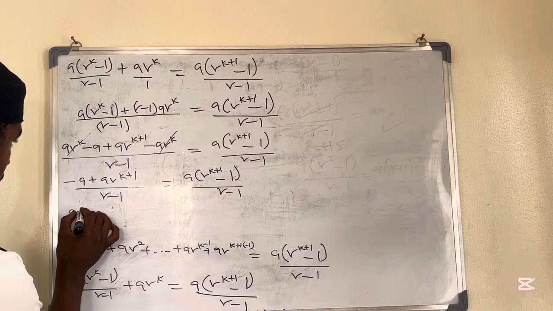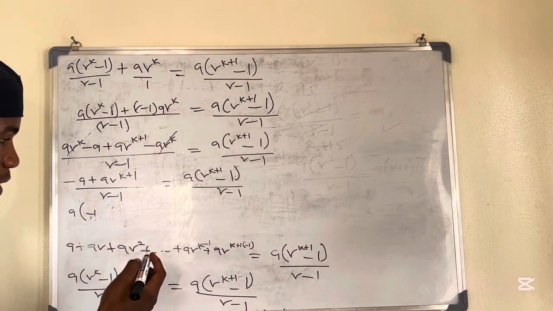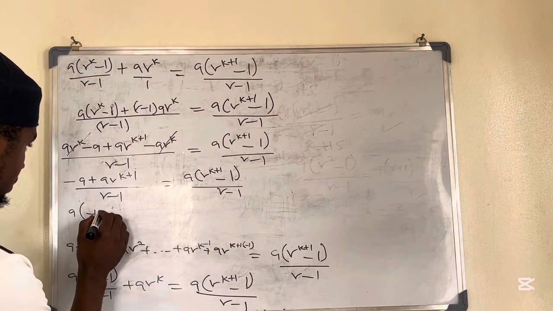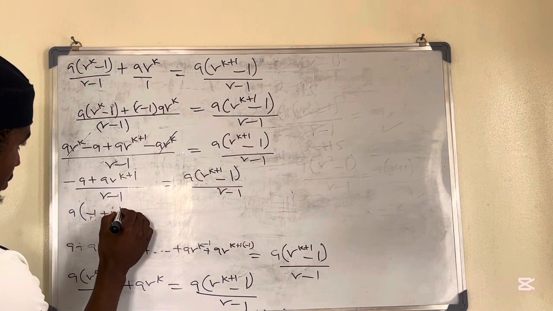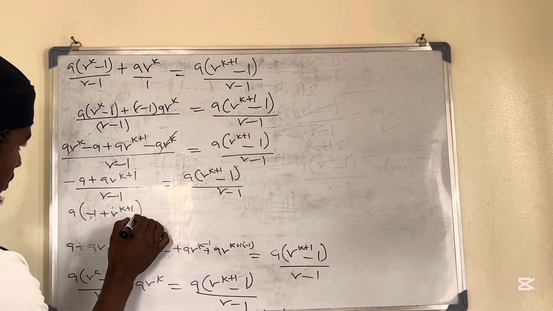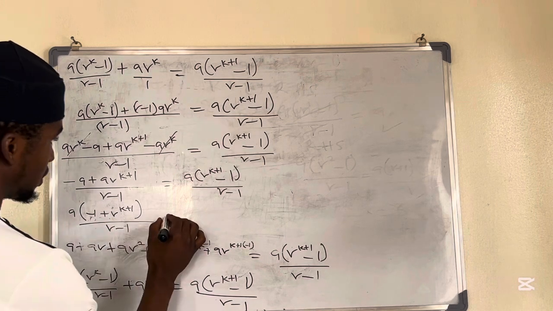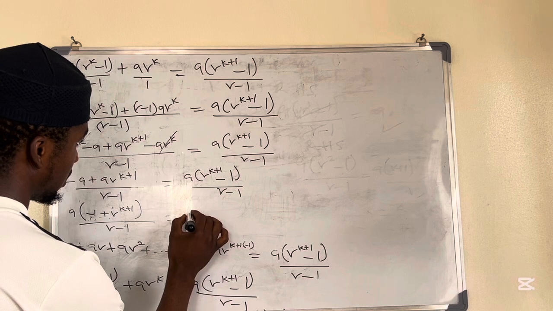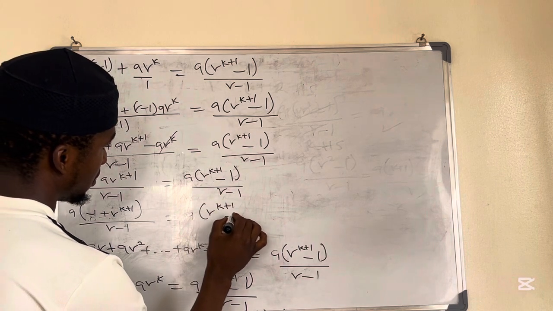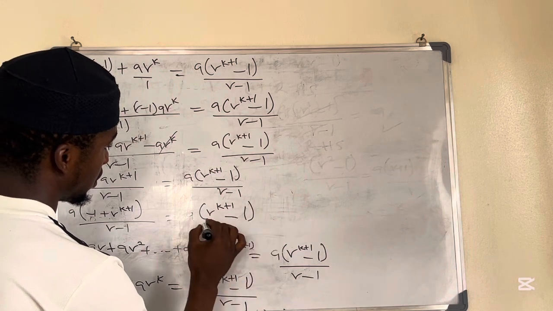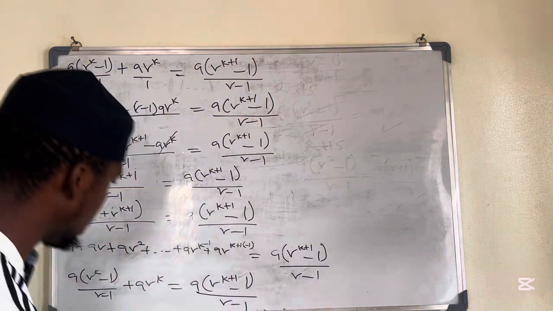When we factor out a here, we have minus 1, because a multiplied by minus 1 gives minus a, then plus r raised to the power of k plus 1, close brackets, all over r minus 1, which is equal to a into r raised to the power of k plus 1 minus 1, all over r minus 1.